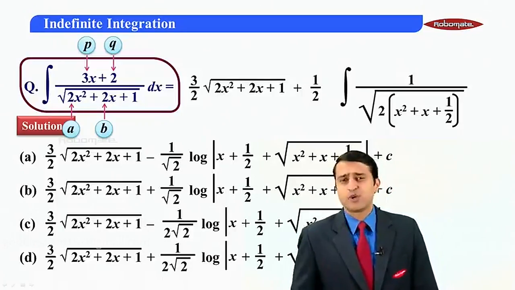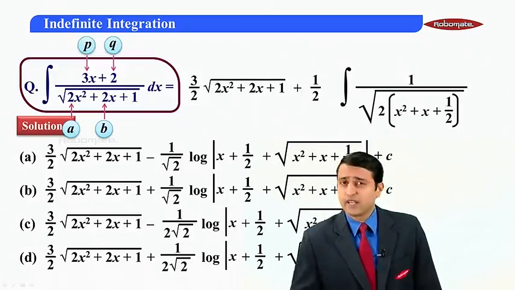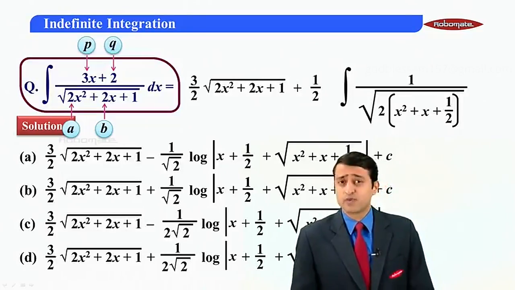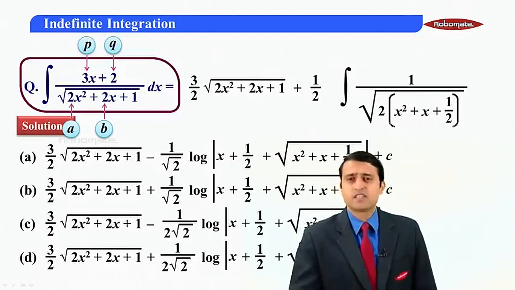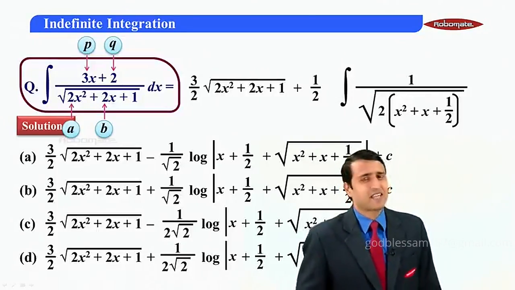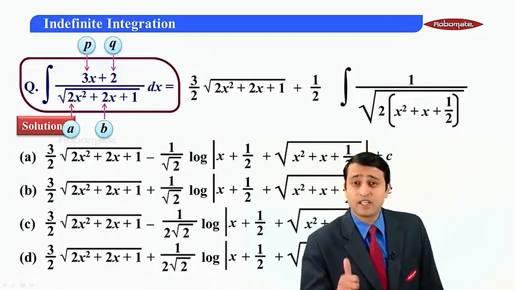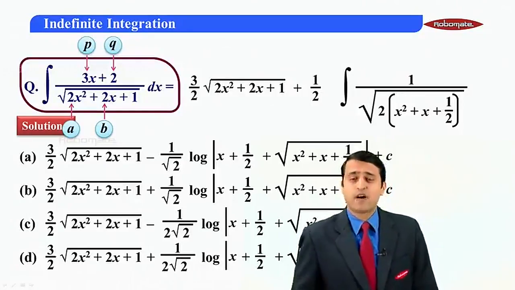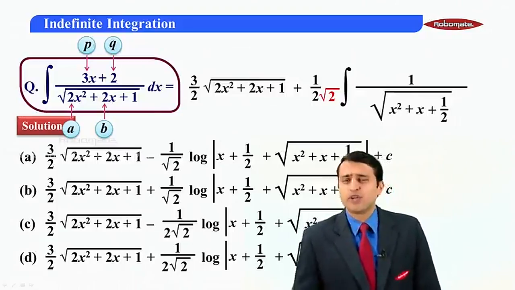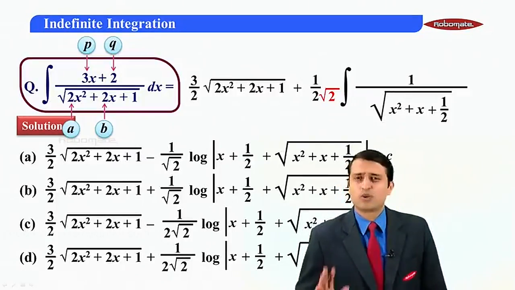Now you are very clear that to solve 1 upon root quadratic, we need to make the coefficient of x square as unity, and that's the reason we have taken 2 common. In the next step we will take this outside the integral. So what we'll have outside the integral is root 2, so I'll get 1 upon 2 root 2 integral of 1 upon root of something.